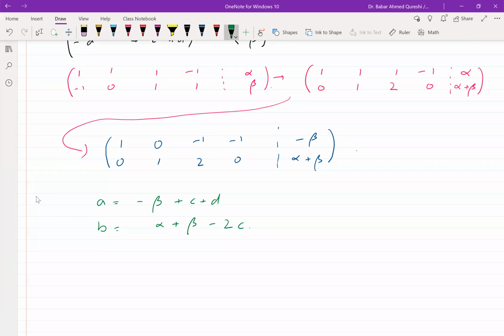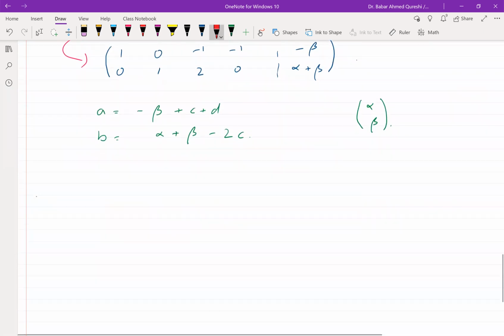You pick those alpha and beta, you can keep C and D anything you like, and you can compute what A and B you need. But all of these are available to you. So you will be able to make linear combinations which give you alpha and beta. Well, actually, not one linear combination. You have a huge number of linear combinations which create for you the vector (alpha, beta). So that means this starting set was a spanning set for R2 because I can write any vector in R2 as a linear combination of this set.